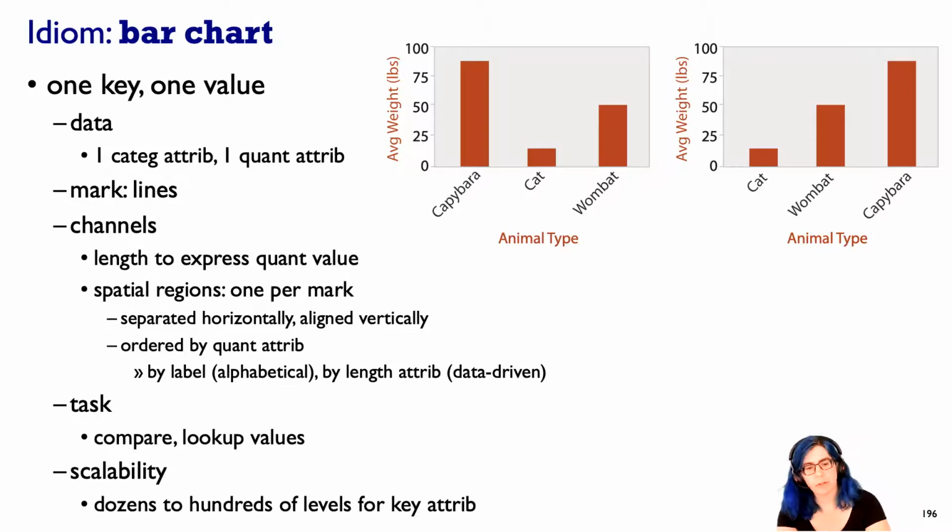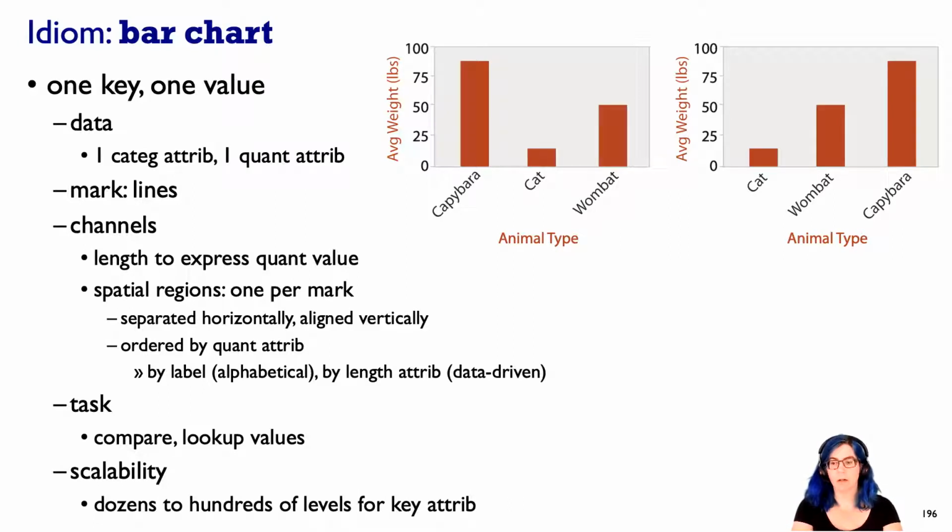Now, in terms of scalability, in terms of that key attribute, the one that in this case is along the horizontal axis, if we had 1,000 by 1,000 pixels, we could certainly fit dozens. Maybe we could even fit hundreds of levels for that key attribute. In terms of the quantitative attribute, we can make very fine-grained spatial comparisons between those bar heights, so many hundreds of levels.